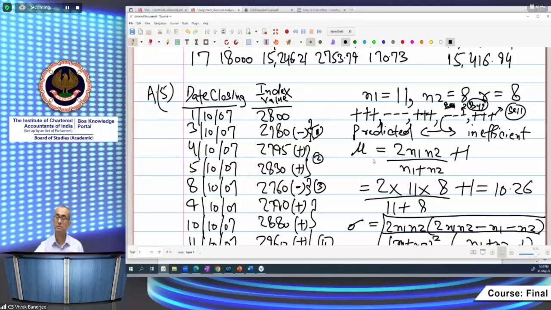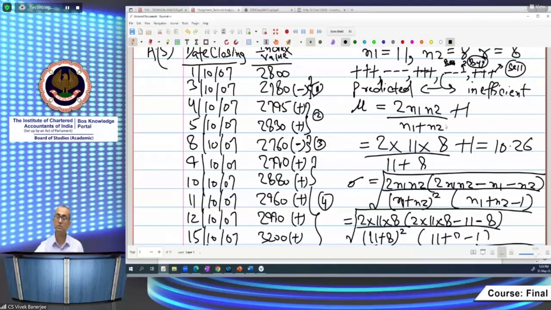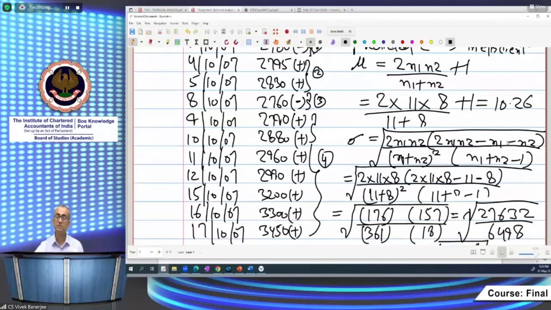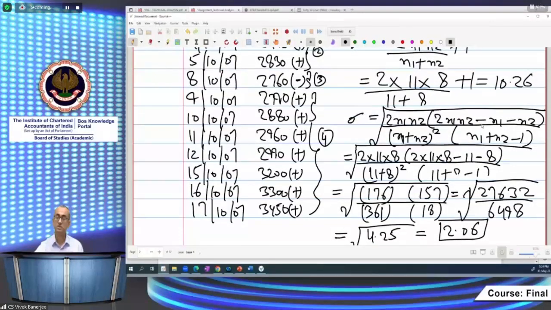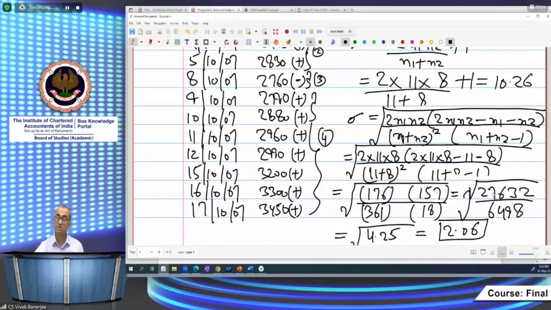First, we calculated the average by the formula 2N1N2 upon N1 plus N2, plus 1. The average is coming 10.26. After that, we calculated the standard deviation, 2.06. So the number of runs is 8, the average is 10.26, and the standard deviation is 2.06.